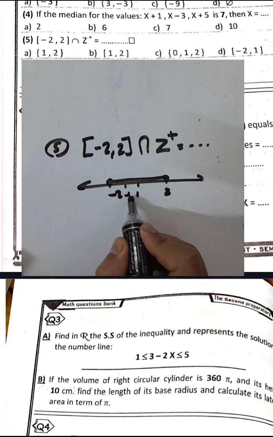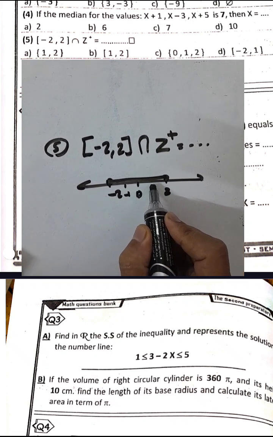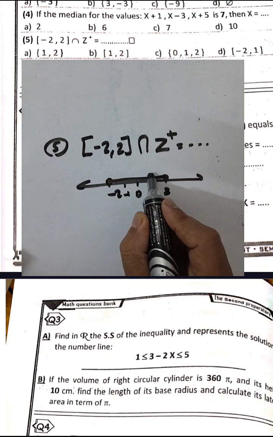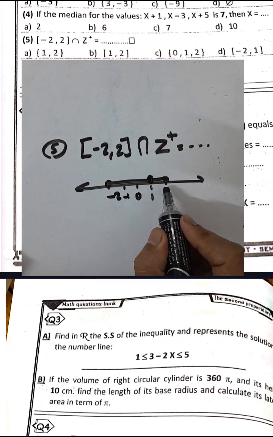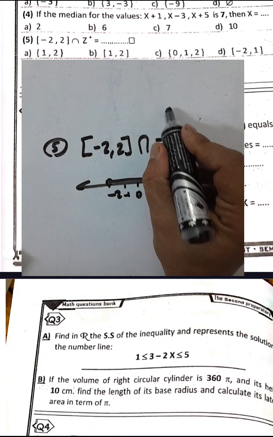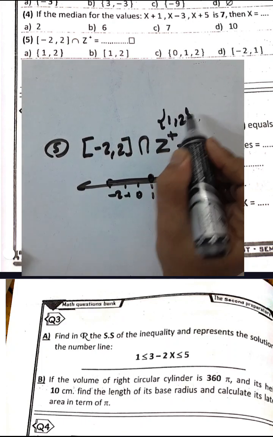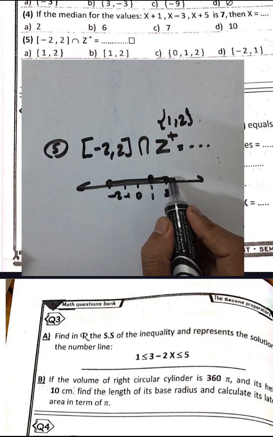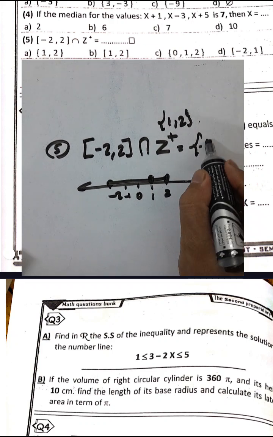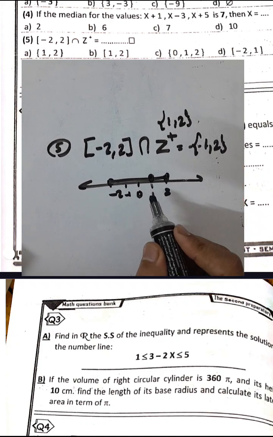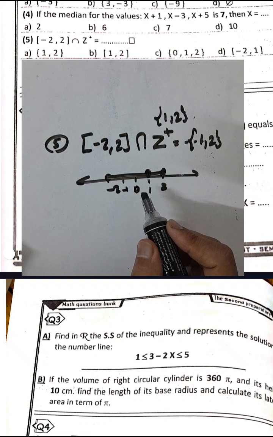Z positive means 1 and 2. This is the intersection between them, it will be 1 and 2. The solution set is 1 and 2. Letter A.